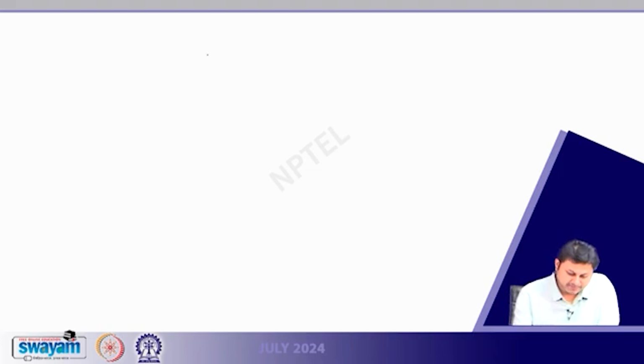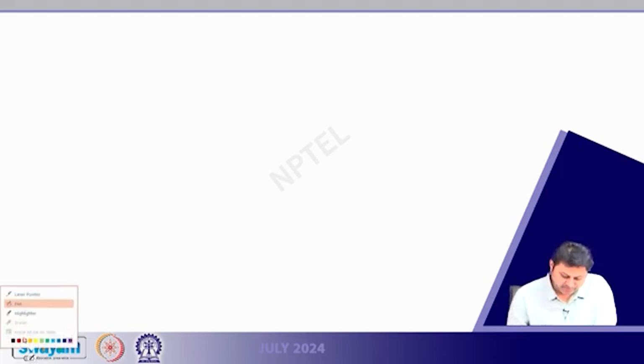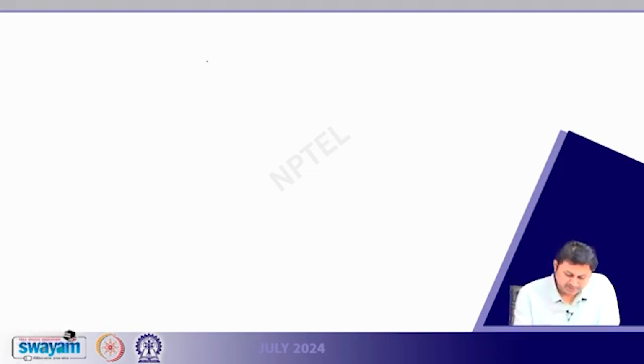Now, when light is falling on some system, and this is unpolarized light, this polarization will allow the molecule to vibrate along this direction and this direction. So, this is unpolarized light.